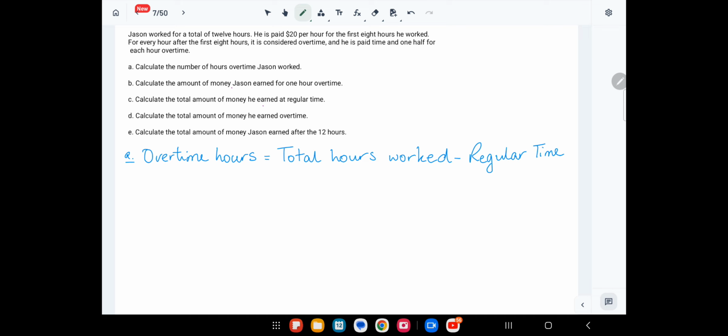So based on the question, the total hours he worked was 12 hours, and the regular time hours is considered as the first 8 hours. So we take away the 8 hours here. So that will leave us with 4 hours that he has outstanding.